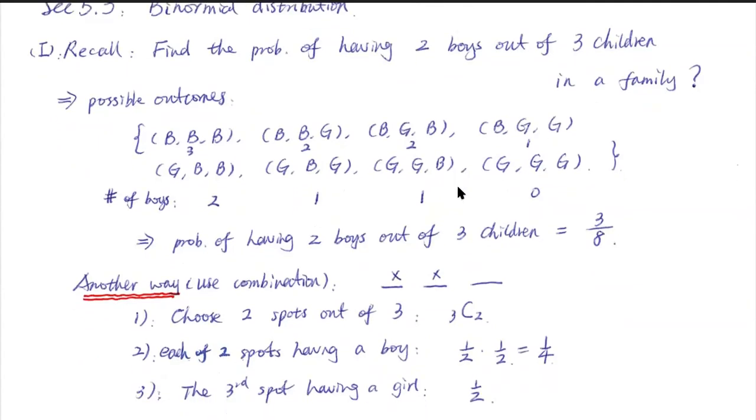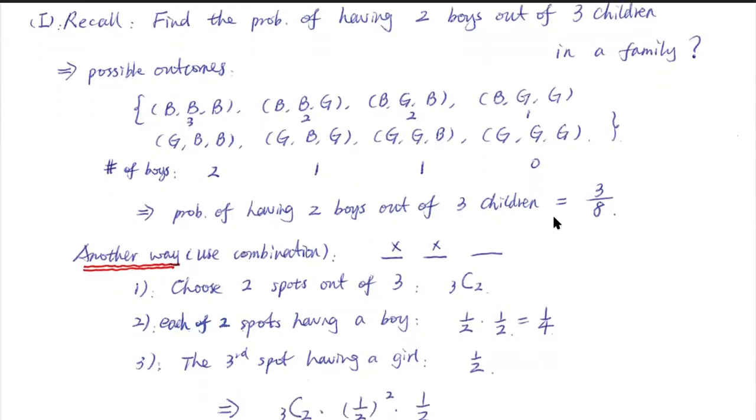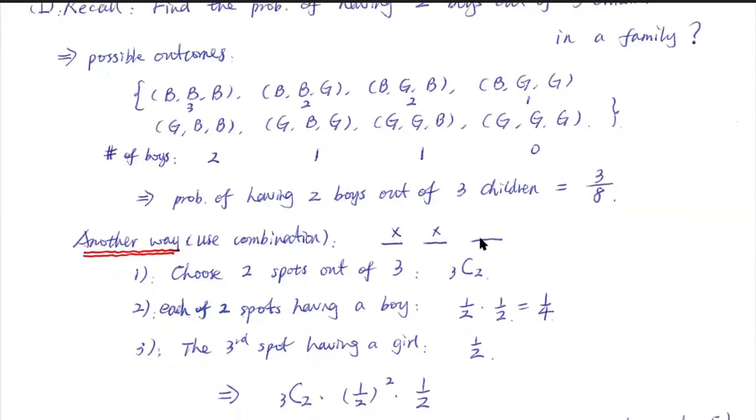Now, tonight we want to use some other way to do that calculation. Think about the combination and permutation we just learned. We can consider we have 3 positions here. We want to select 2 positions, and we want those 2 positions to be boy, and the other position to be girl.